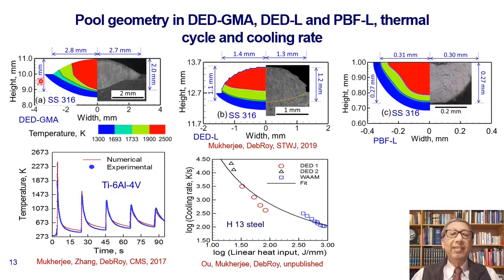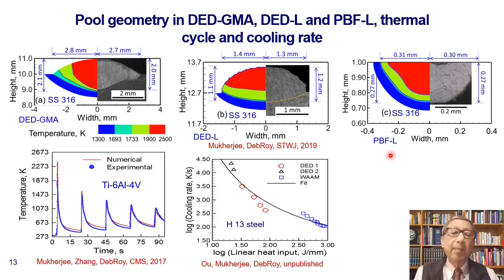So this pool, which is for DED-GMA, is much larger than the pool that is for DED laser, and this pool is bigger than the powder bed fusion pool for typical operating conditions and for the same alloy, here stainless steel 316. And the reasonable agreement between the predicted and the experimentally determined cross sections tell us that the model predictions are reliable.